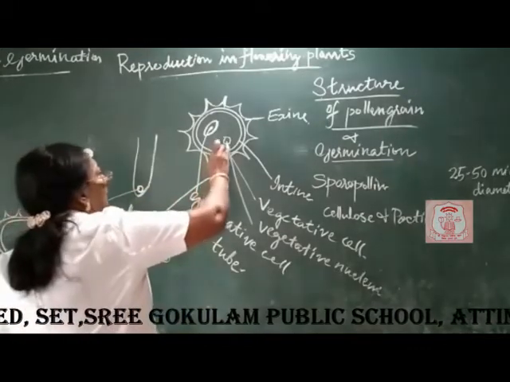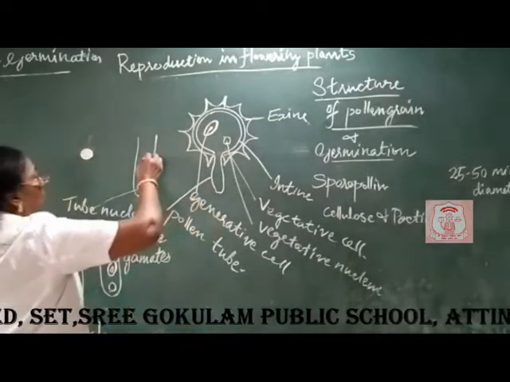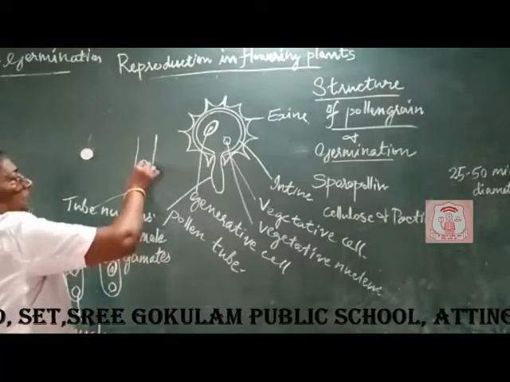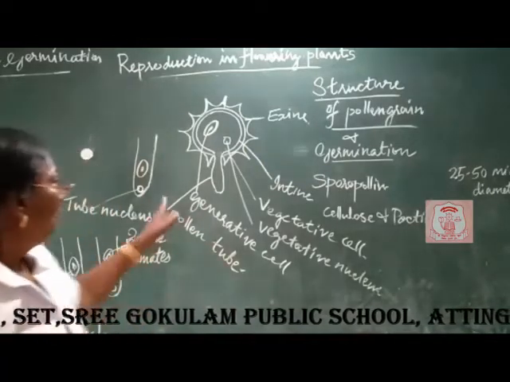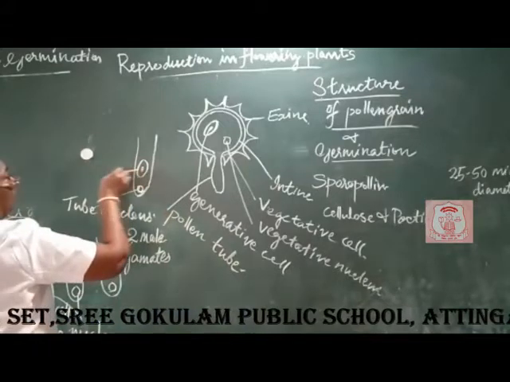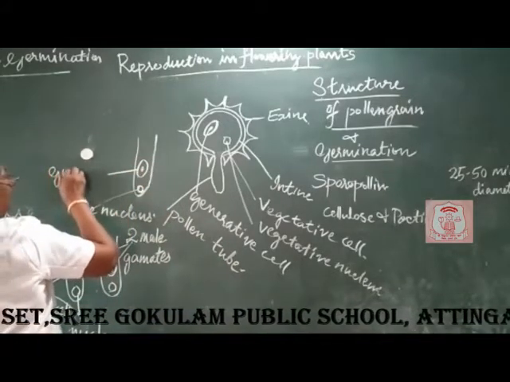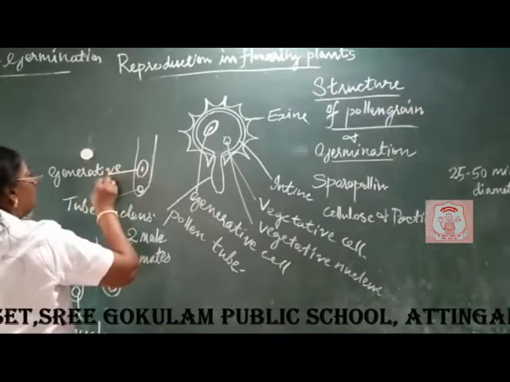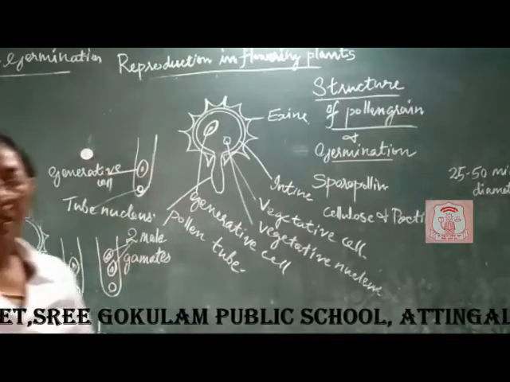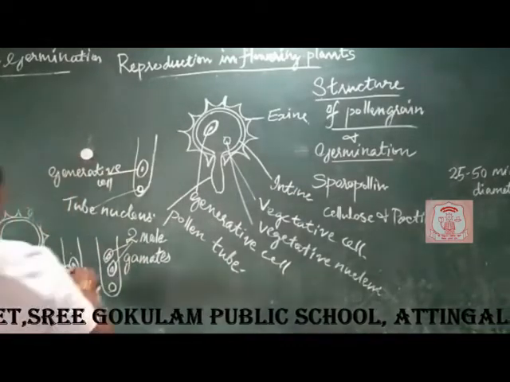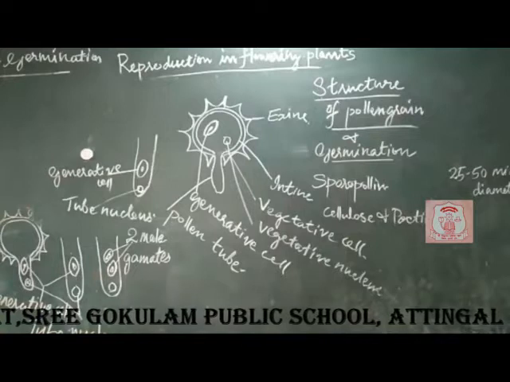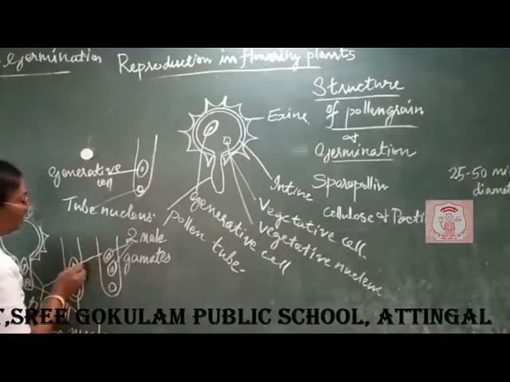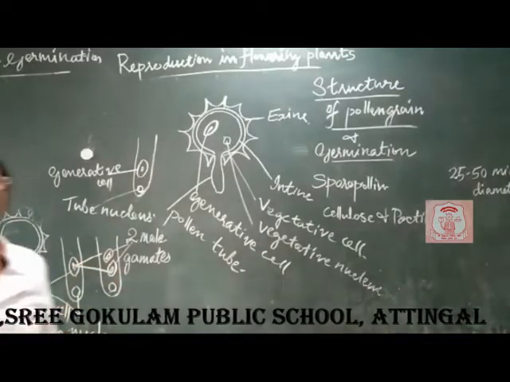The generative cell also moves into the pollen tube. Here it is the generative cell. Now this generative cell divides into two male gametes.